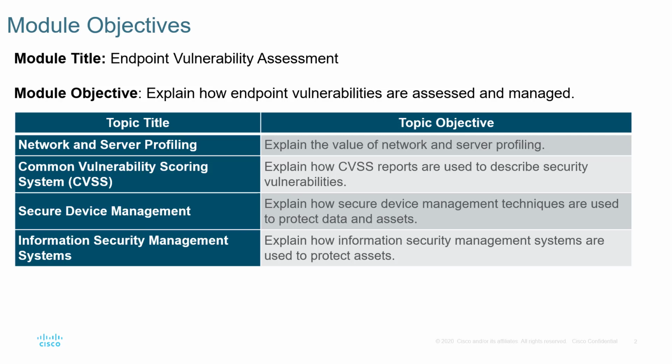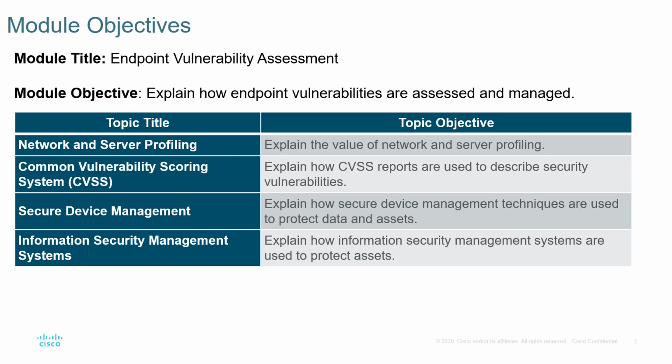We're going to talk about Common Vulnerabilities and Exposures, CVEs. We're going to be looking at profiling of our devices, both the network and server and other endpoints. We're going to talk about securing different types of devices, and we're going to wrap it up with information security management systems, and that's going to be more of the protection of assets.